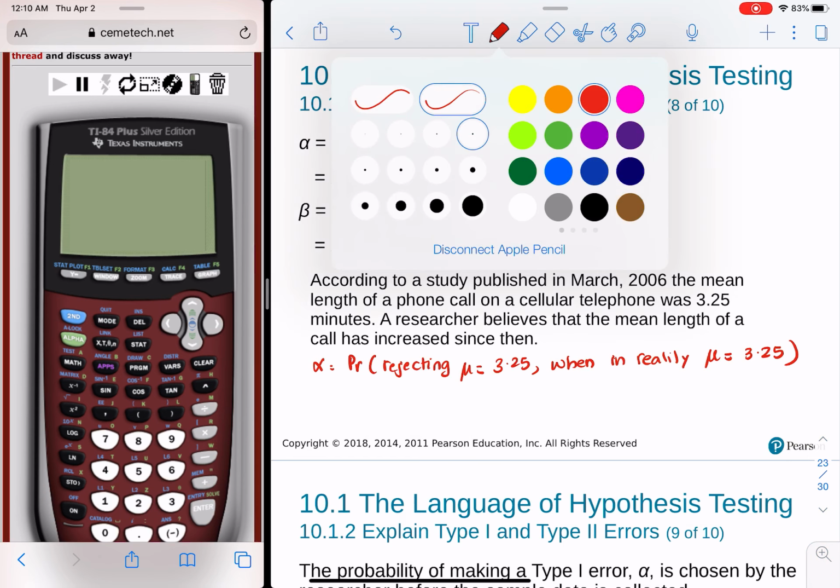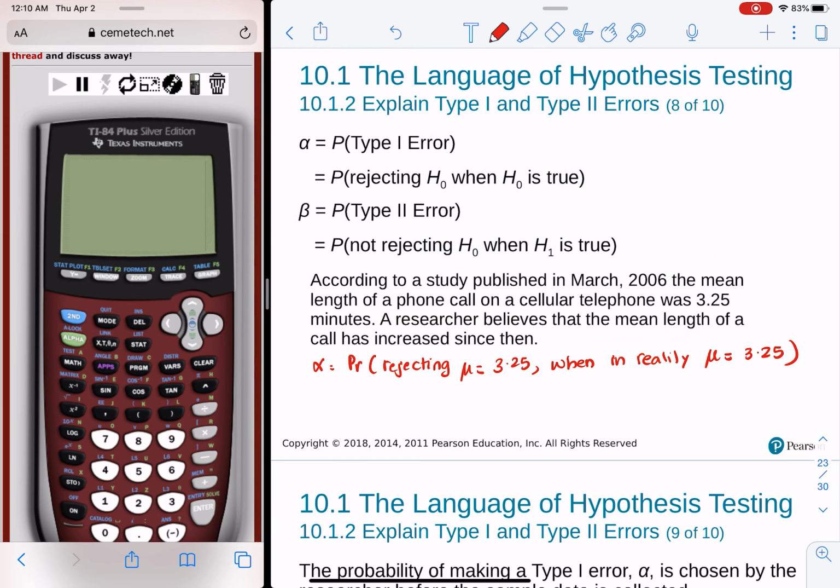In other words, we are rejecting mu equals 3.25. We're saying that we found evidence toward mu greater than 3.25, but in reality, mu is 3.25. So the truth is that nothing has changed since 2006, but our test ends up concluding, oh, we found evidence toward the alternative. In other words, it's greater than 3.25. So we made an error.